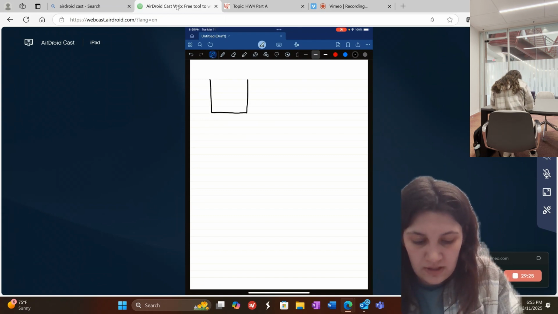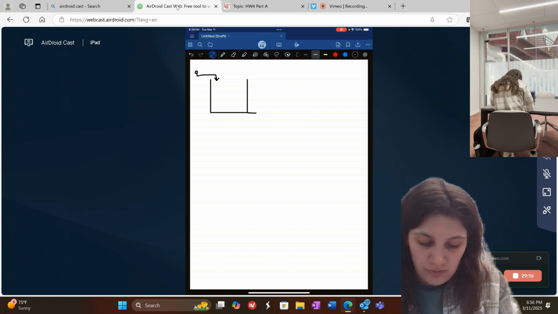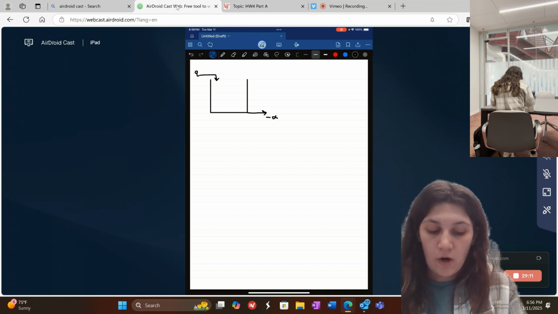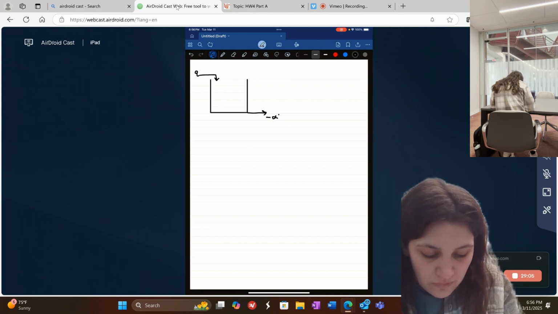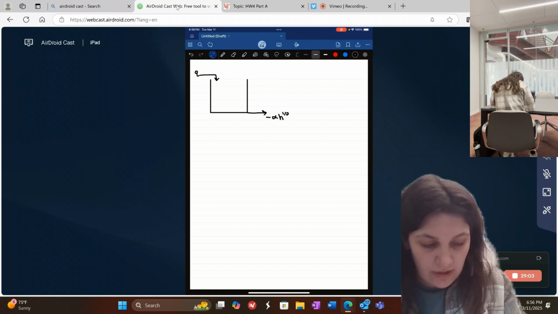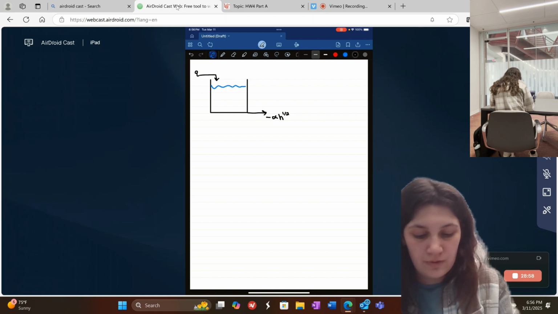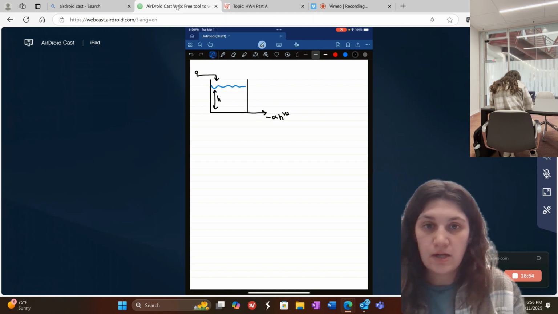Our system is a tank with some inlet with flow Q and an outlet with a flow of negative alpha, which is just some constant that's dependent on the size of the outlet hole, times h to the 1/2. Our tank has some liquid level to it with a height of h.